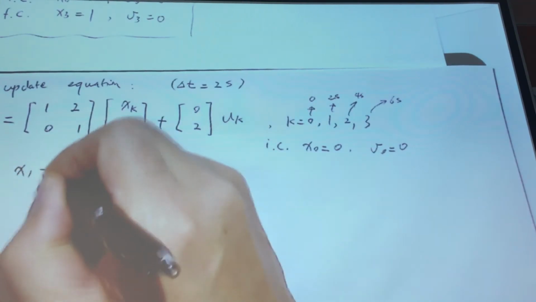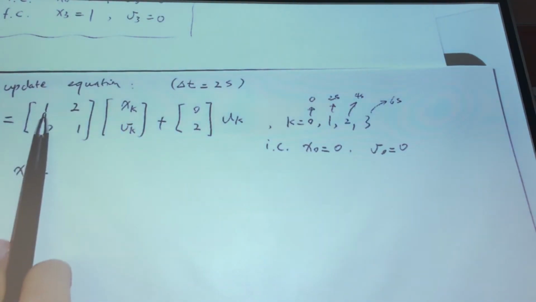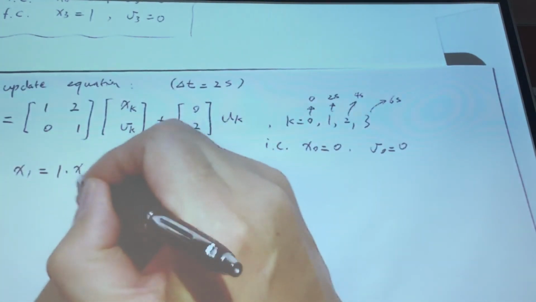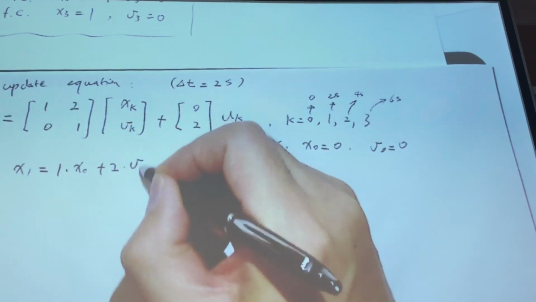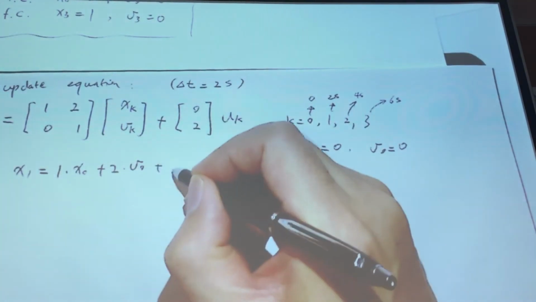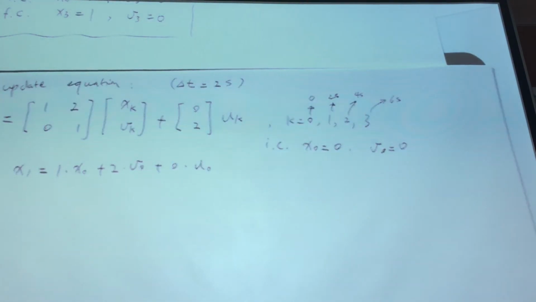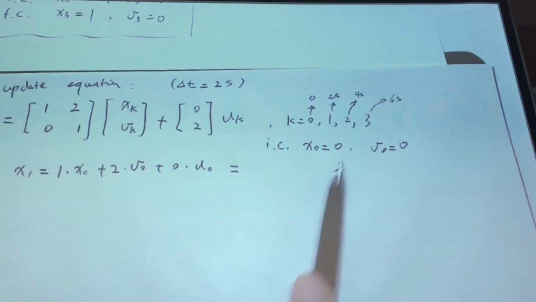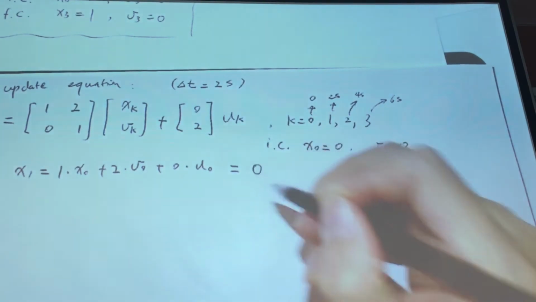So x1 equal to 1 multiplied by x0 plus 2 multiplied by v0 plus 0 multiplied by u0. The x0 is 0 and the v0 is 0, so this one is given by 0.